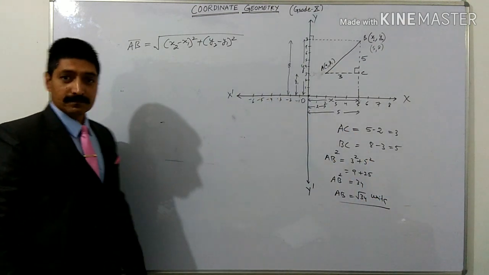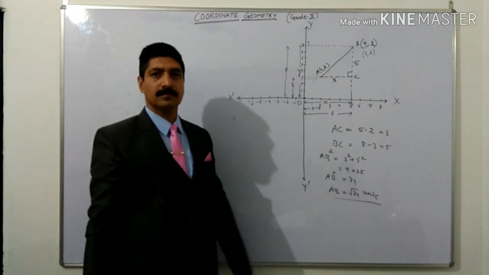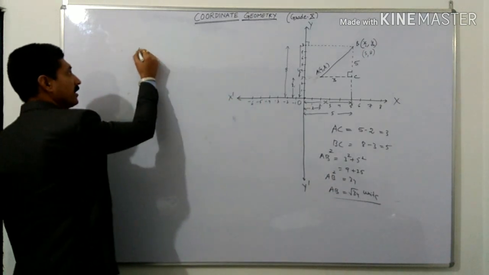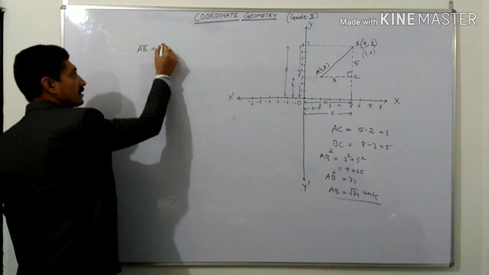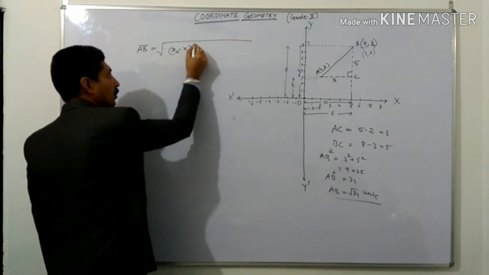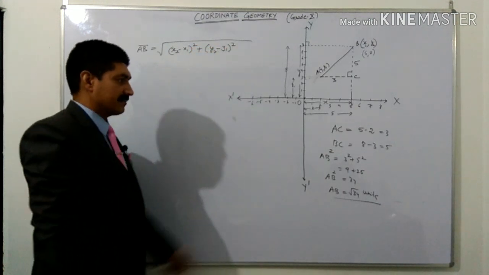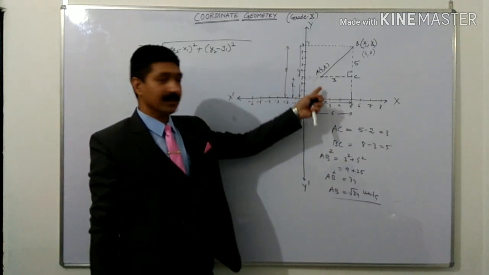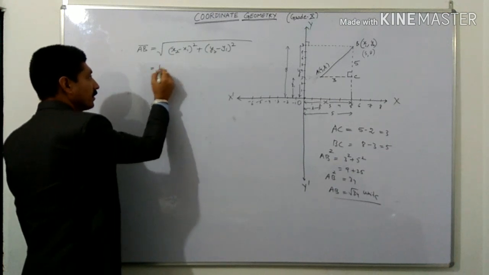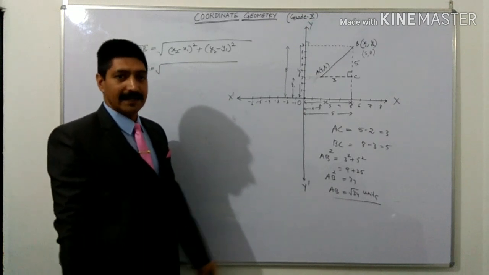So this is the way. The distance between two points A and B is the square root of (x2 minus x1) whole square plus (y2 minus y1) whole square. As we have chosen the example, the coordinates of A are 2 and 3, and the other point B is 5 and 8.